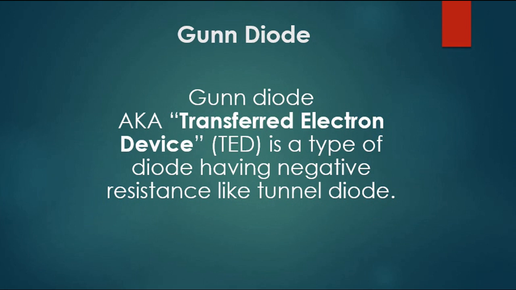Once we discuss the tuner diode, you will see how it works and functions. So another name of the Gunn diode is transfer electron device, because it has a negative resistance like the tuner diode.